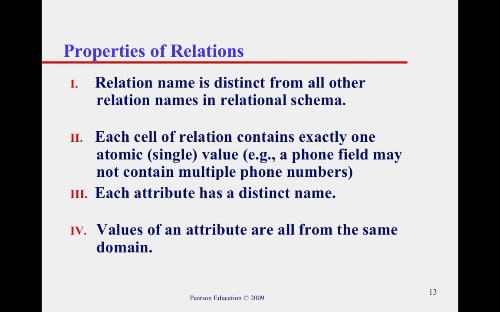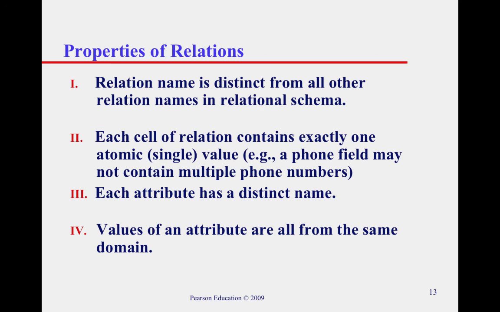Okay. So in the relational database, there are certain properties that hold. You can think of them as constraints. The first makes sense. The relation name is distinct from all other relation names. So within the database, all relation names are unique.